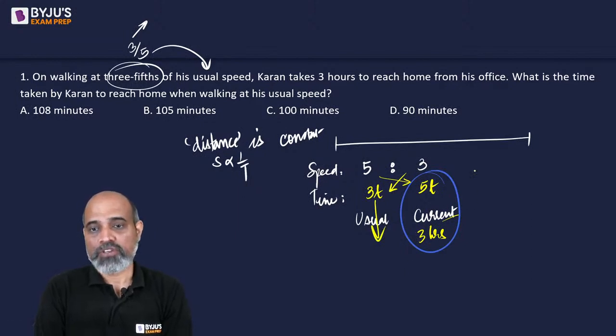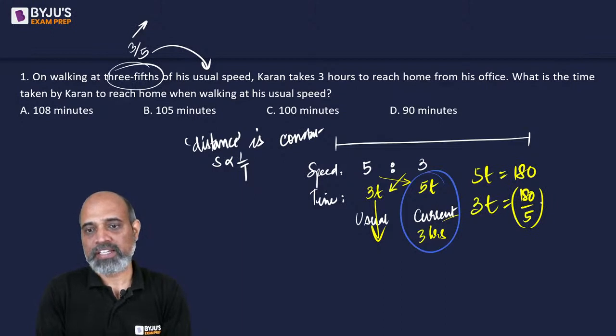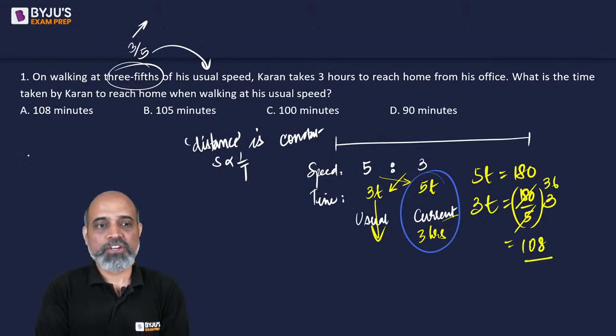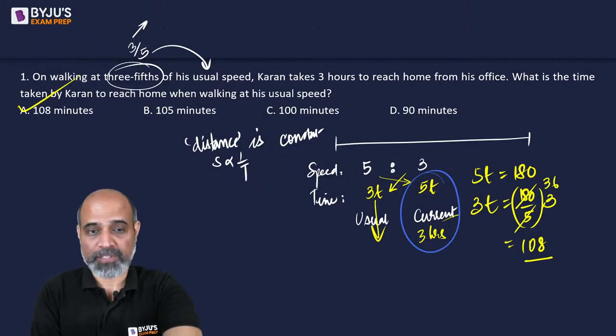Right? So if 5t is equal to 180 minutes, so t is going to be 180 by 5, whatever that is. So 3t is going to be 180 by 5 into 3. So if we solve this, this is going to give us 36 into 3, which is 108. So 108 minutes become the answer.